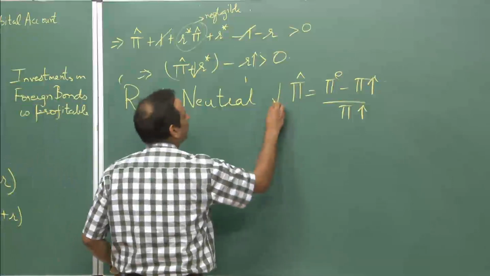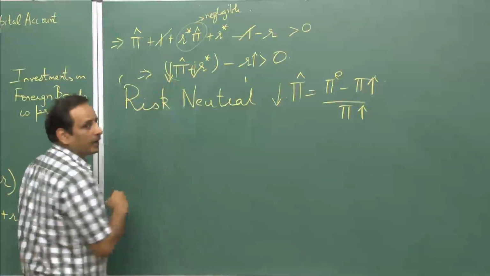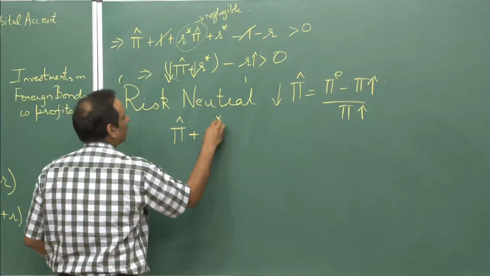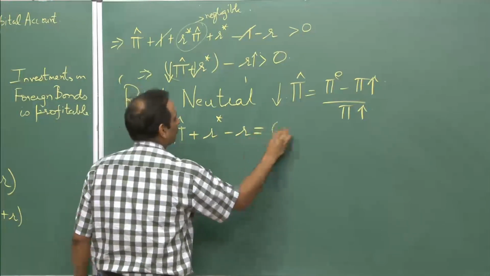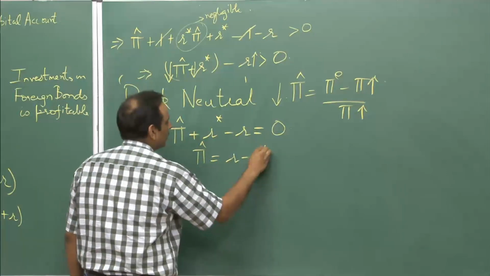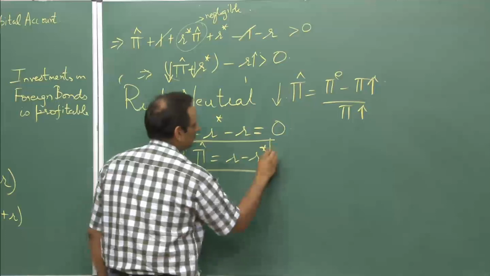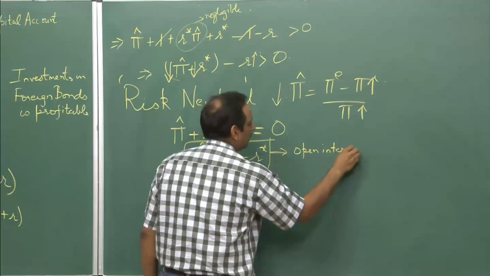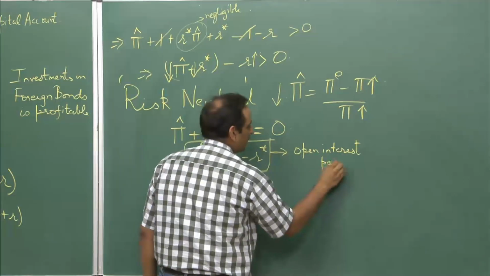So, this pi hat goes down. Eventually, you see pi hat plus r star minus r to be equal to 0, or pi hat to be equal to r minus r star. This is the famous open interest parity.